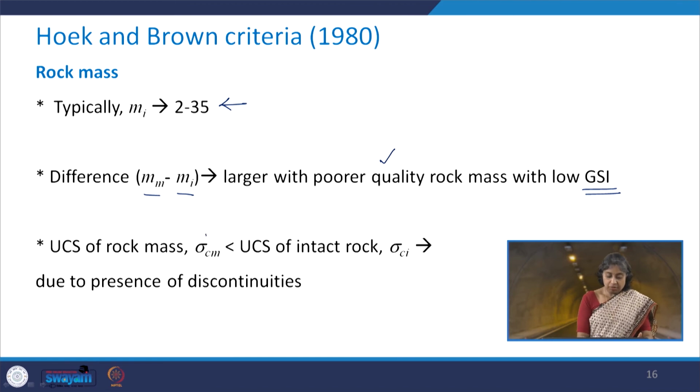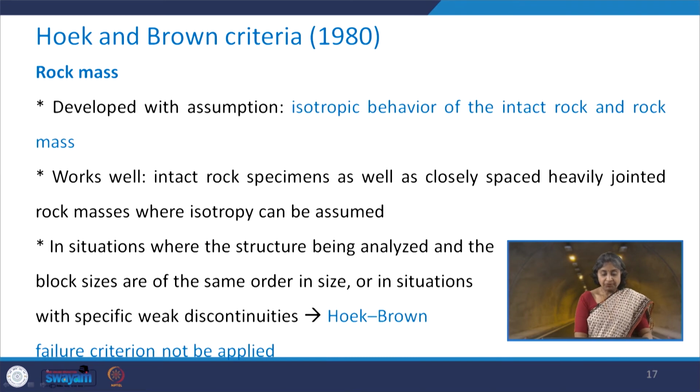The UCS of the rock mass, that is sigma cm, is less than the UCS of intact rock, which is a very obvious statement. It will be, of course, because of the presence of discontinuities.